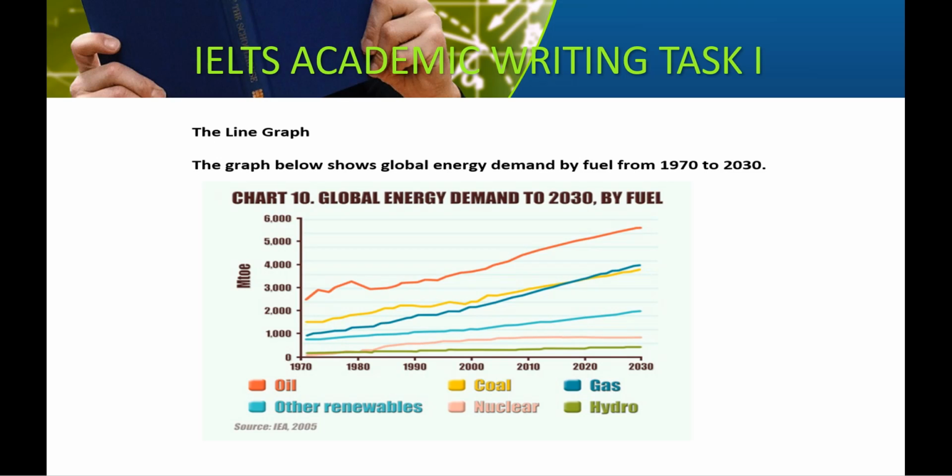If we are talking about a line graph right now, actually we will explore all the graphs, tables, maps, all the reports, and I will give you the details of how many paragraphs you will be required to write.